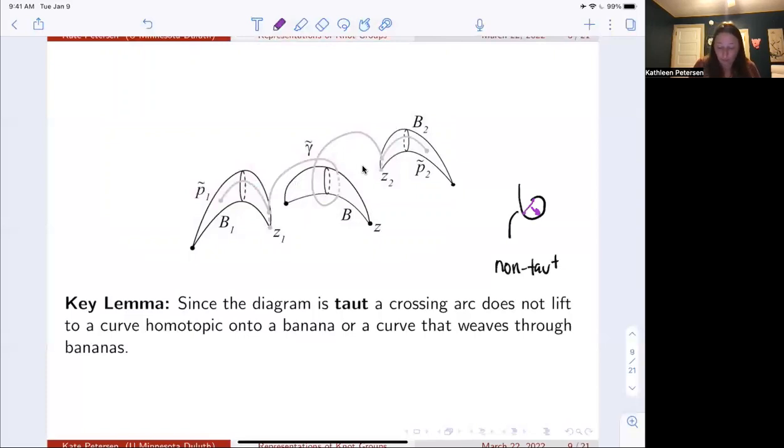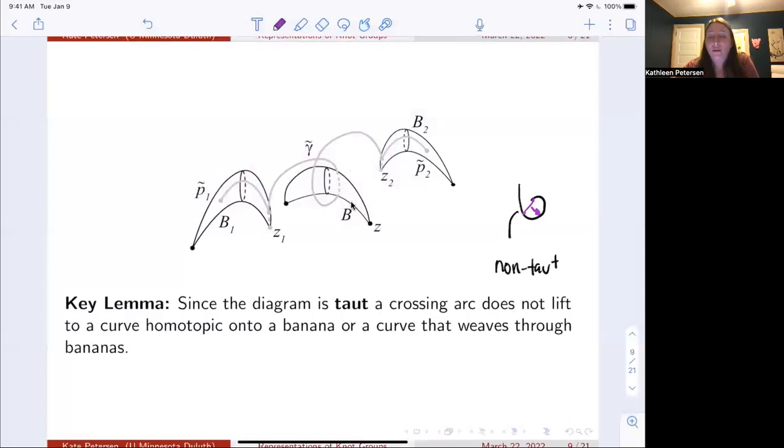For example, this kind of weaving picture doesn't occur because we do have an infinite number of these lifts that we're dealing with. And all I really need to know is that this doesn't occur for an infinite number of them. But if it did, then we'd have an infinite number of these geometric structures that would be getting close to a really nice one. And so we can actually look at the length of these paths, and they kind of get stuck around this banana B here.